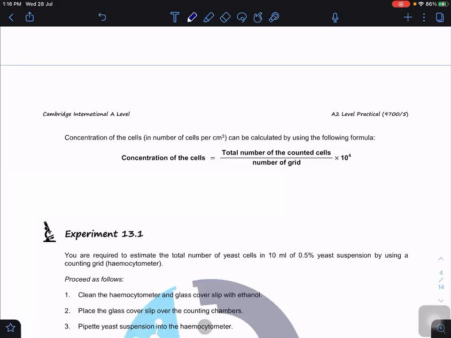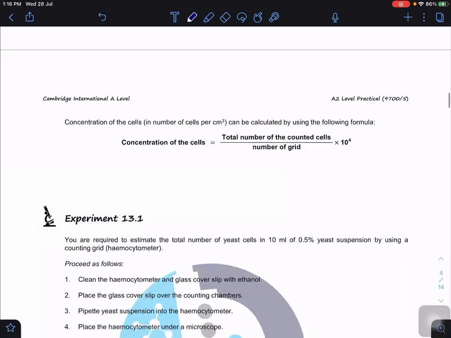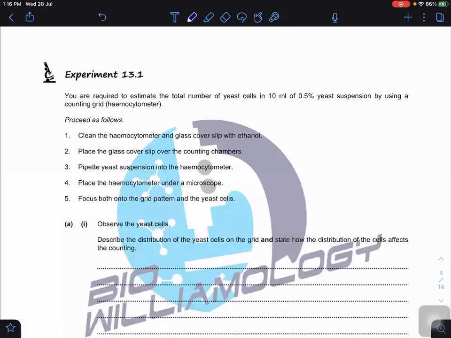Experiment 13.1, we can't do it now because we have to go back to the lab. What we're going to do here is estimate the total number of yeast cells in 10 ml of 0.5% suspension. What does 0.5% mean? It means I take 0.5 grams, sorry, not 5 grams, 0.5%, not 5%, and suspend it in 100 ml of distilled water or buffer solution.